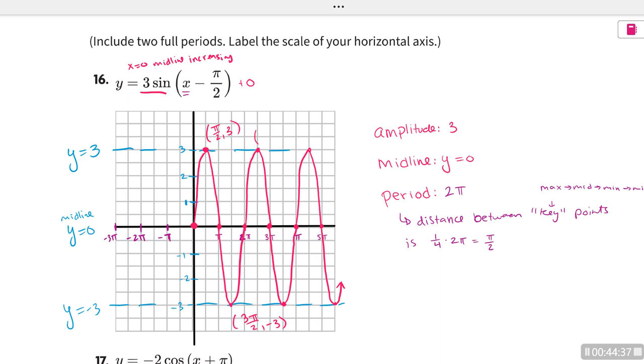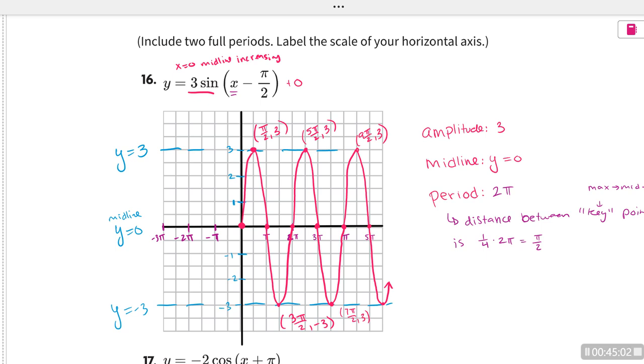So I'm going to label, so this one is 2.5 pi or 5 pi over 2, 3. And here we have 7 pi over 2, 3. And here we have 9 pi over 2, 3. Okay.